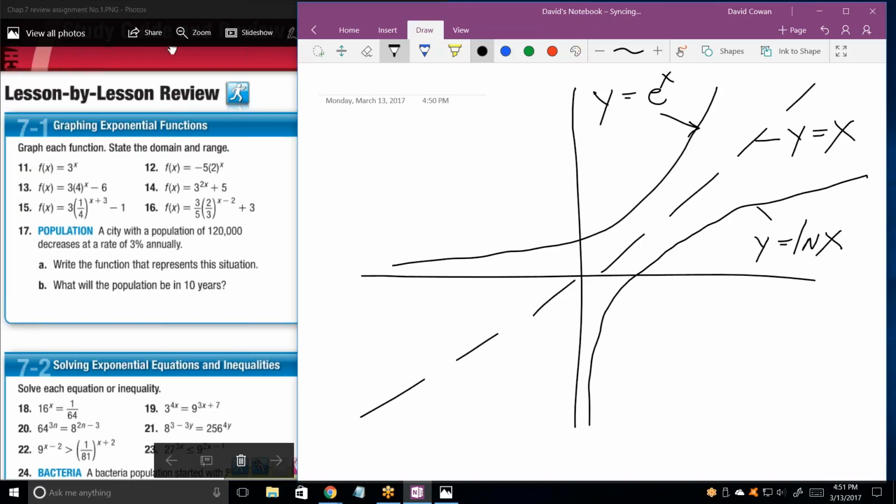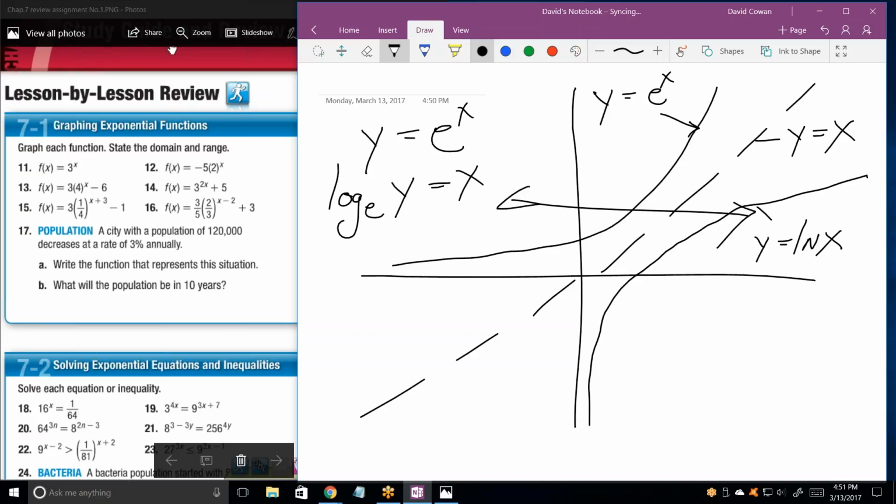Okay? So, even though log functions are inverses of exponential functions, do not get that confused with this. If I want to express this logarithmically, I have the log base e, which is natural log, of y equals x. That is not the same as that. Those are different. These two here are identical.